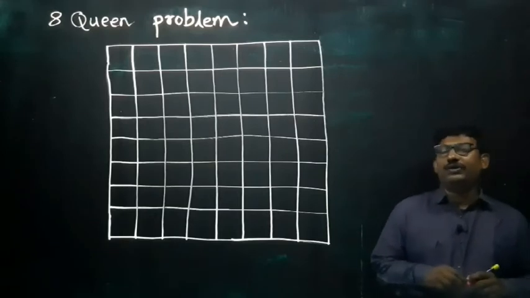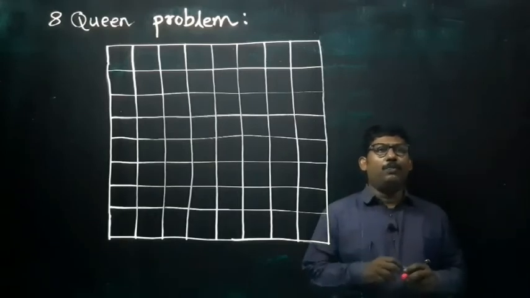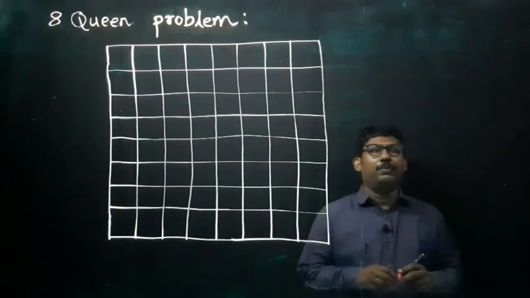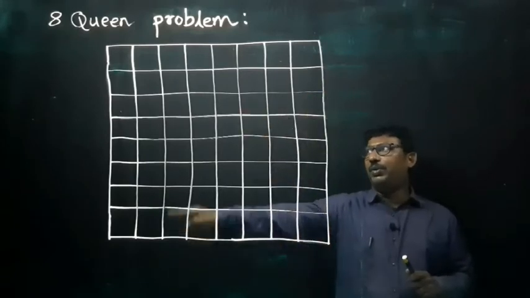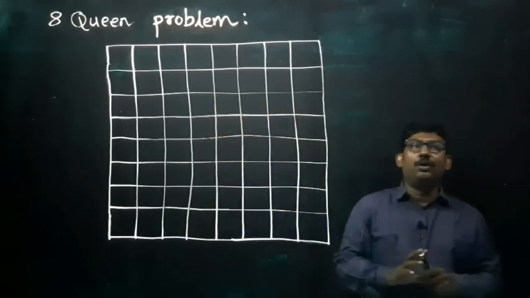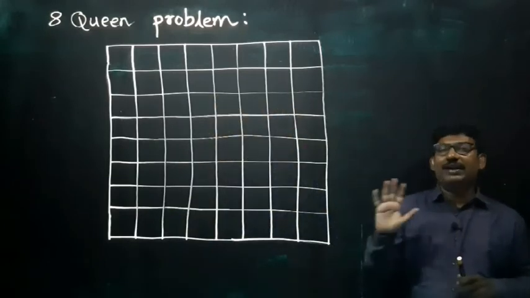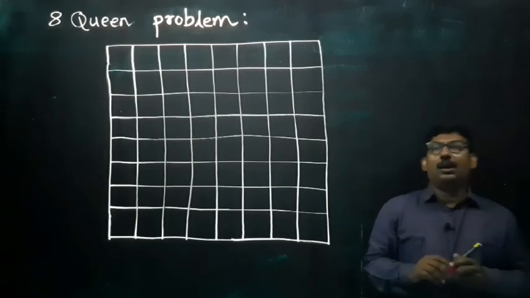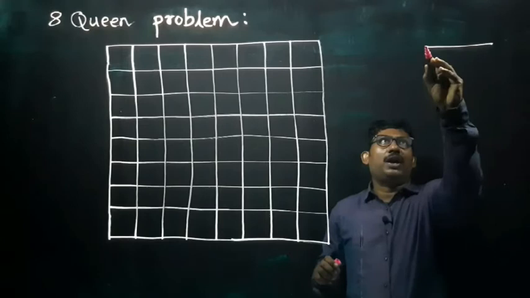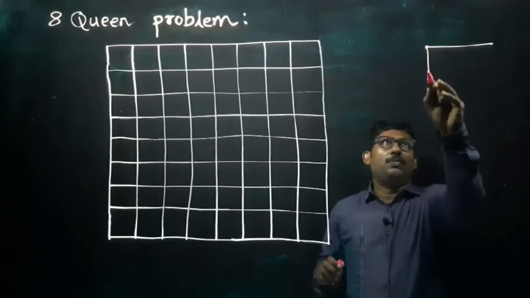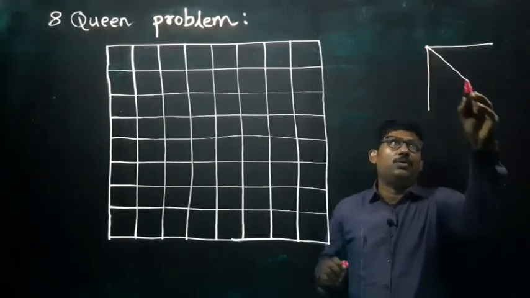The artificial intelligence problem, that is the 8 queens problem, we will have an 8 by 8 chessboard where we are given 8 queens. The queen can move like this, can move like this, and can move like this.